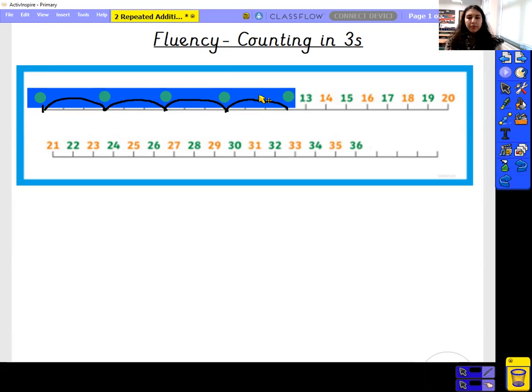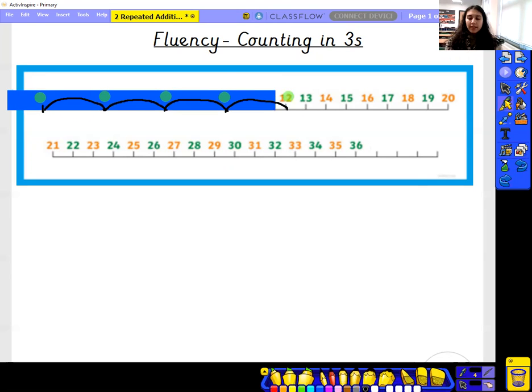Excellent, well done. So from our 12, what would be the next number in our sequence counting in threes? That's right, it would be 3 more again. So then that would be a jump straight to 15. So from 12, we would go to 15. What comes after 15 when I count in threes?